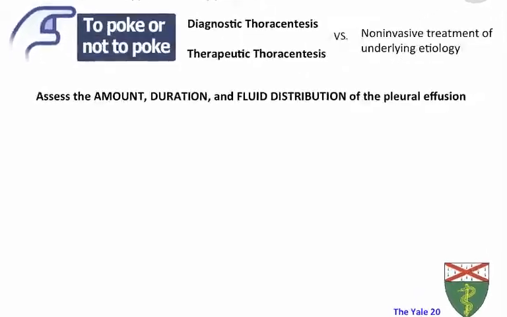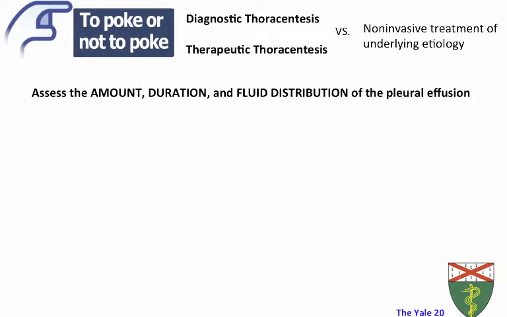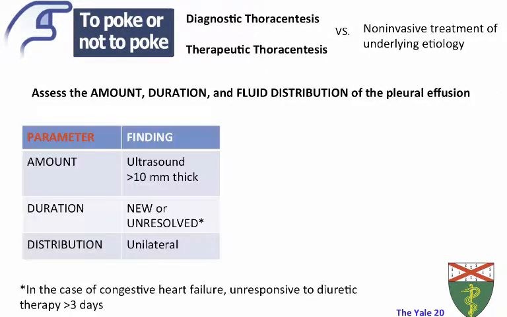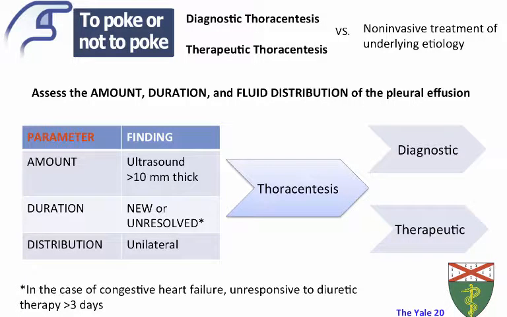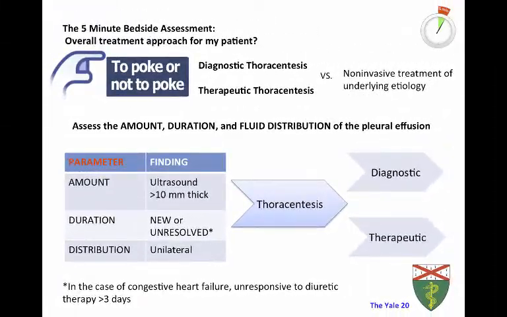Some of this comes down to the amount, the duration, and the fluid distribution of your pleural effusion. If you've got a large amount of fluid, a new effusion, where the distribution is unilateral, or there are other concerning features, you're likely going to need to do a procedure. And then the question becomes, do I do the lower risk diagnostic procedure or the higher risk but more effective therapeutic procedure?